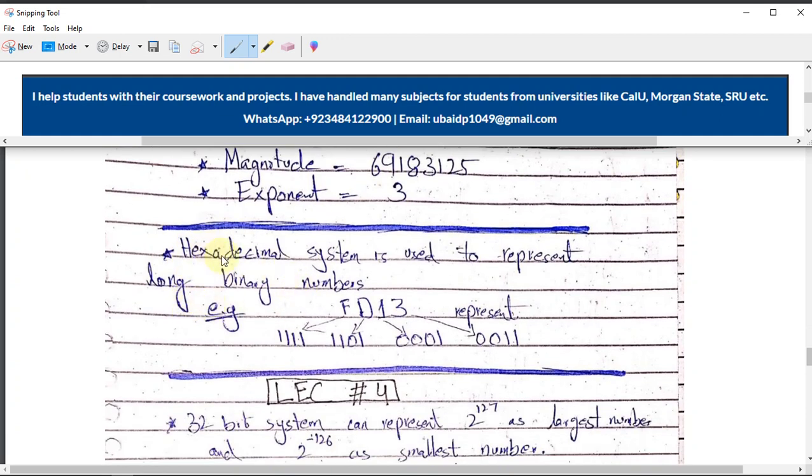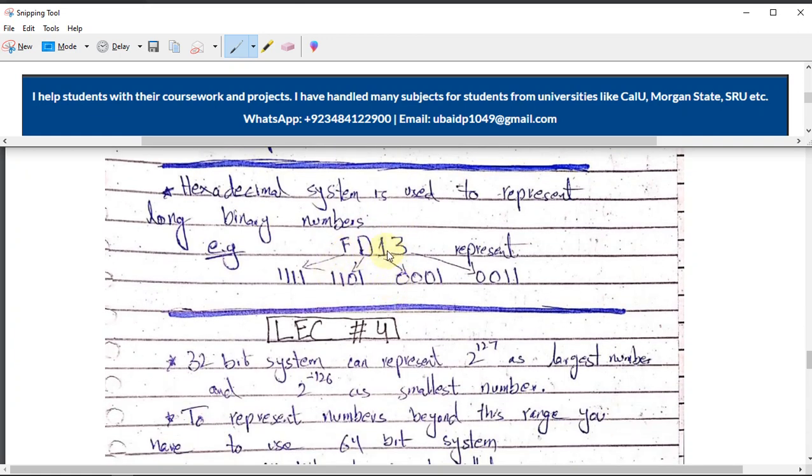Then there is the hexadecimal system, which is the base 16 number system, and we use that system to represent really long binary strings. If the binary number is really big, there is a great chance of messing it up, because writing them down would be quite a nightmare, right?